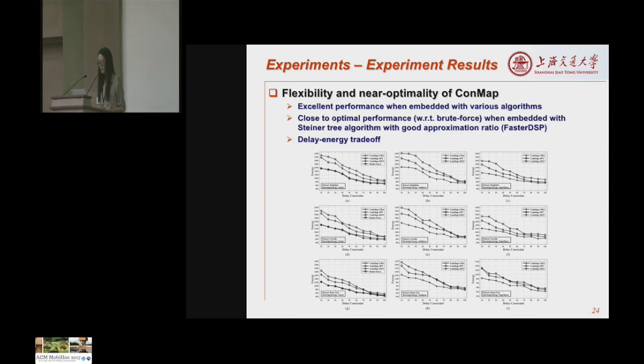From the figures, we can see that when embedded with the aforementioned algorithms, ConMap achieves good performance and yields transmission schemes with small energy consumption, especially when we apply the faster DSP that has a good approximation guarantee. ConMap derives near optimal transmission schemes. And finally, the experimental results also show the delay-energy trade-off in mobile wireless networks.